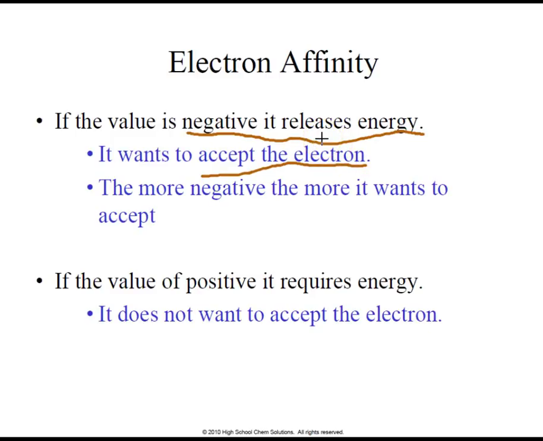Okay, because it's favorable for that to happen. So the atom's going to take the electron, and as a thank you, it's going to give off energy. The more energy it gives off, the more negative, that's all that negative means, is that it's giving off. The more negative, the more it wants that electron. However, if the value for electron affinity is positive, the atom does not want to accept that electron.